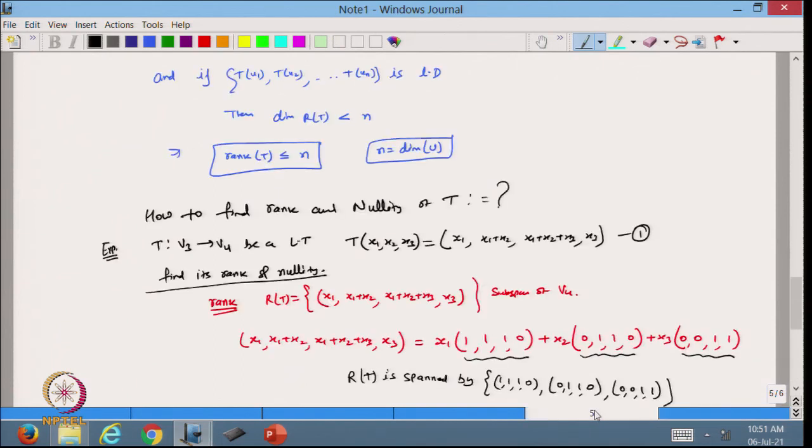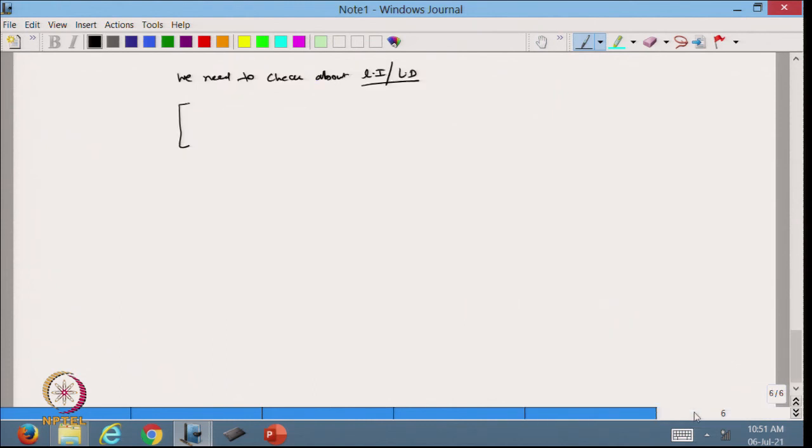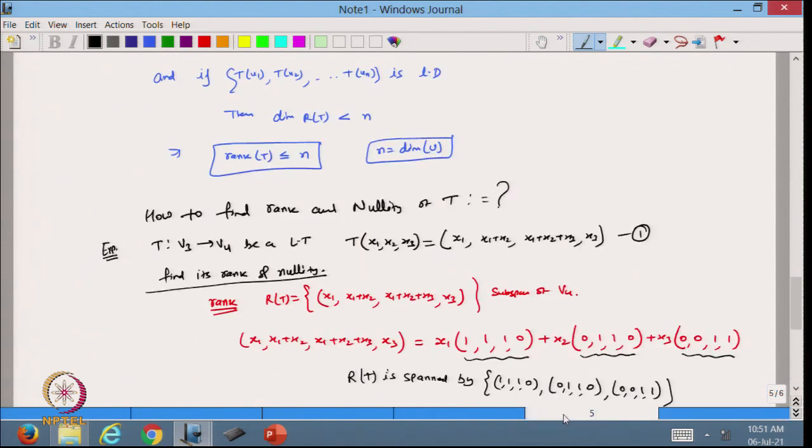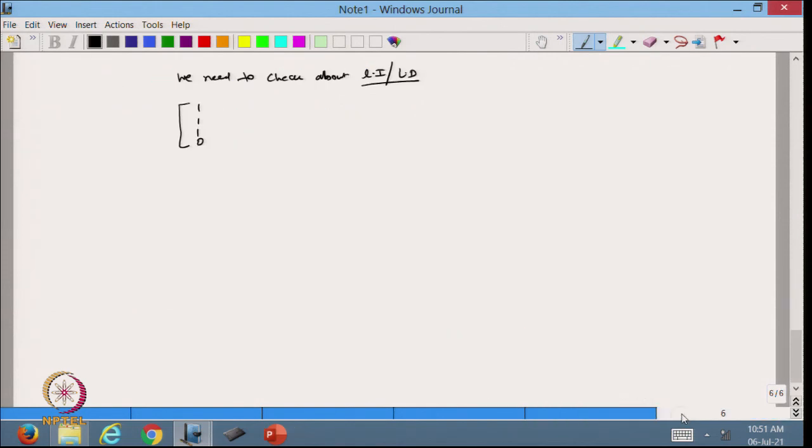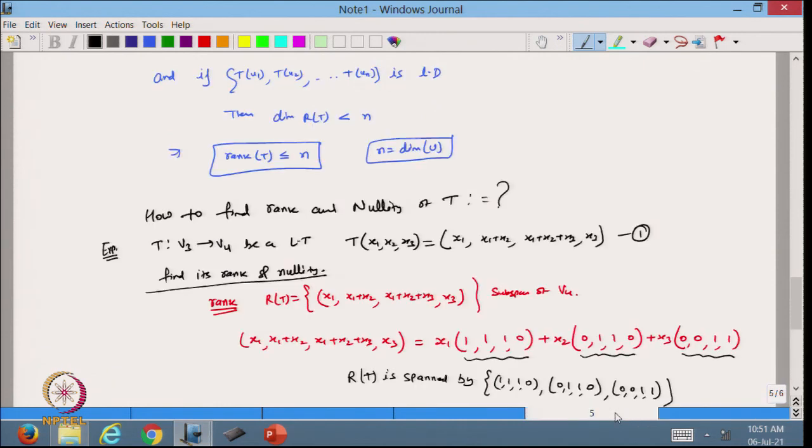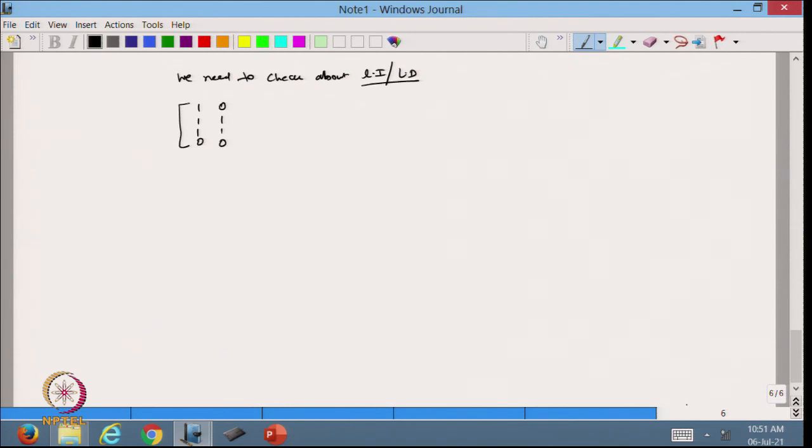I can write these vectors as the columns of a matrix. So, I can write here (1, 1, 1, 0), (0, 1, 1, 0), and (0, 0, 1, 1). So, this is my 4 cross 3 matrix.